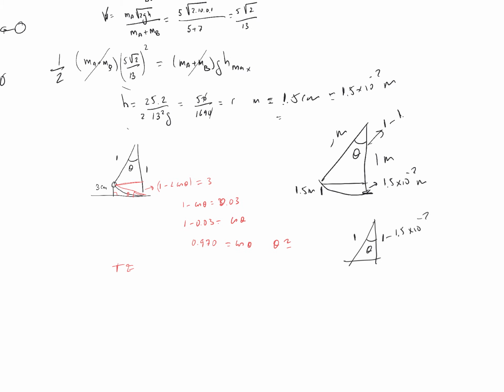So the result will be 0.985. If everything is 1 and this elevation is 1.5 centimeters, it's clear that I made a triangle where this side is almost 1, it's 0.985, and this side is 1.